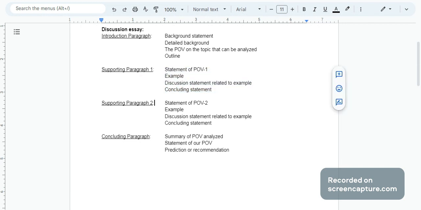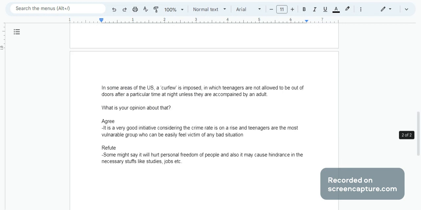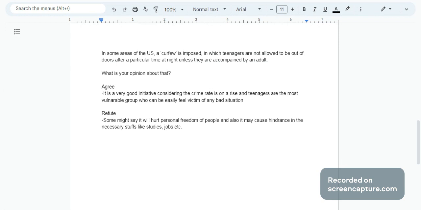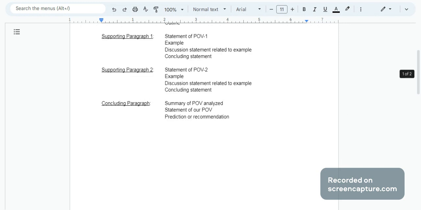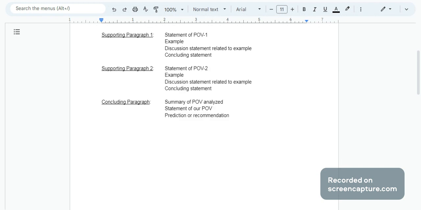And in your second point of view, we're going to discuss the other point which you have already thought of earlier, the different opinion, and you write it straight away with the same wording or with different wording in a statement of POV2, and then you similarly give an example, discussion, and conclude the statement.